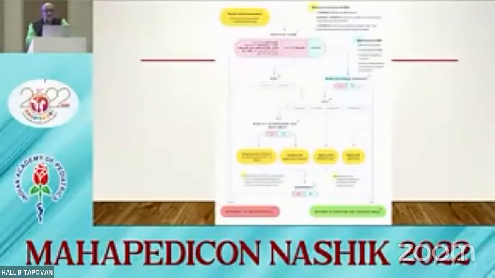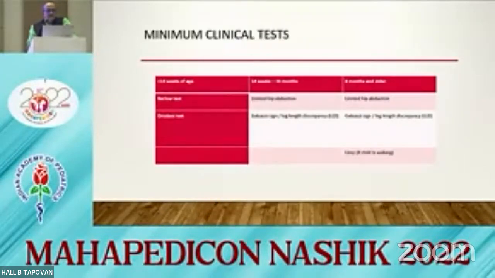So this is what we have given in your brochure. You have, I think, a booklet which has been given to all of you. We have published it and printed it as to how to approach at your vaccination screening in a neonate, what to look for, when to order an ultrasound, when to do X-ray, and how can you screen for DDH. Some minimal tests which should be done, at what age should you do them, and when should you order X-rays.